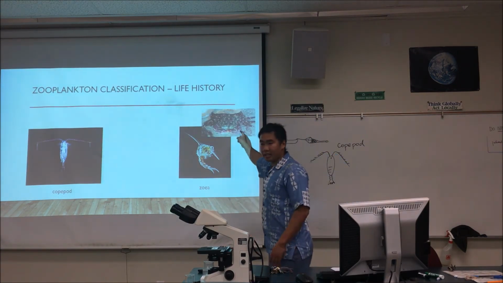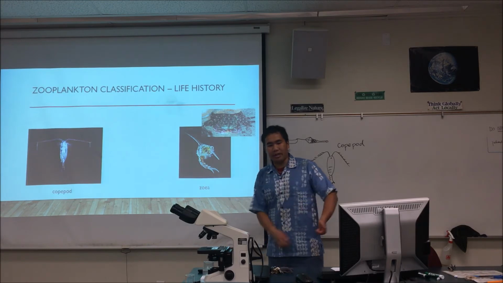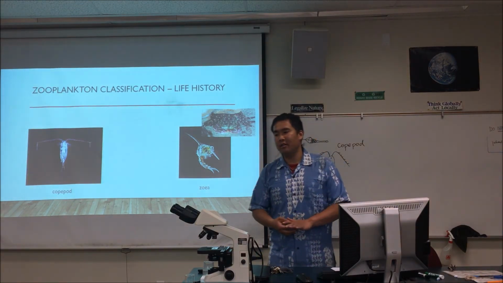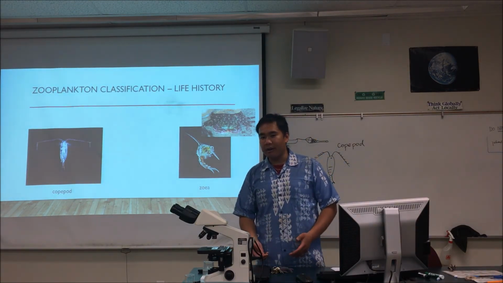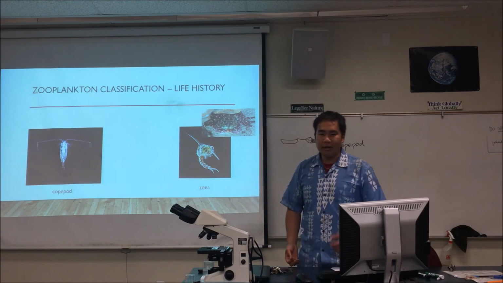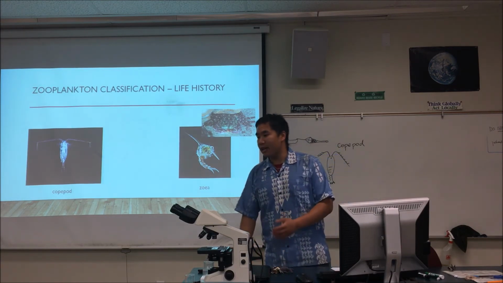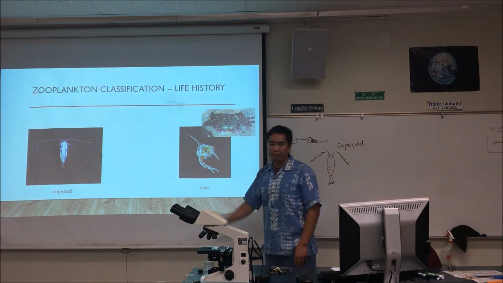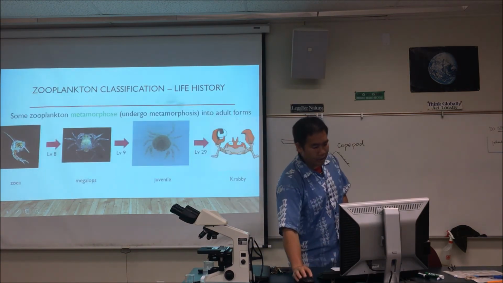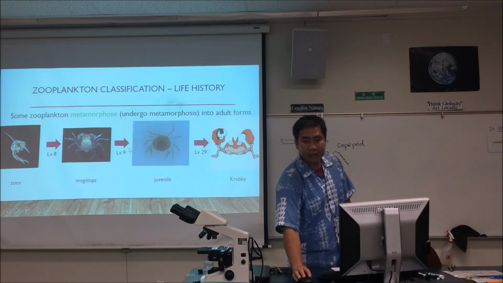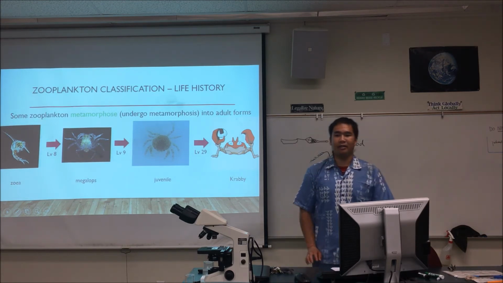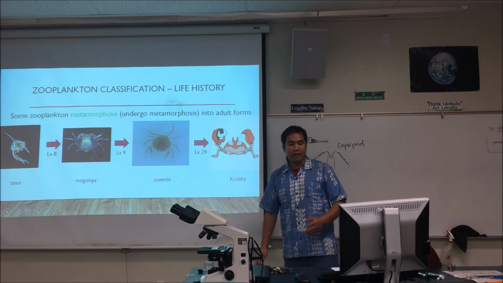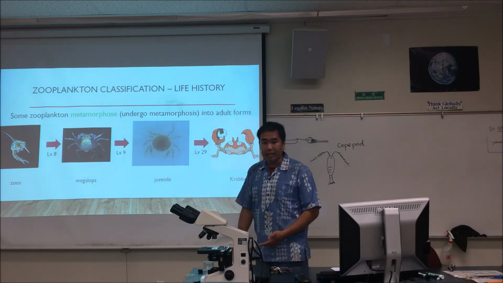Is a crab a plankton? Why is it not a plankton? Because it walks around. It does not just drift around at the mercy of the currents. So this is a type of plankton that stops being a plankton at one point. It undergoes larval settlement, and then becomes an adult crab. You see how it stops being plankton?